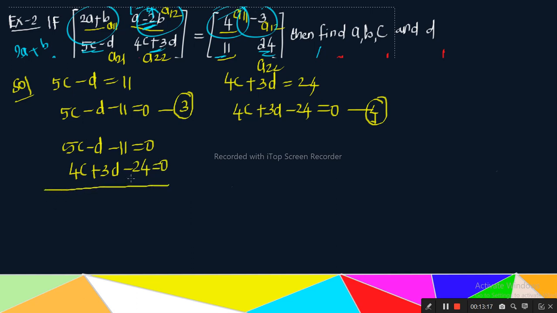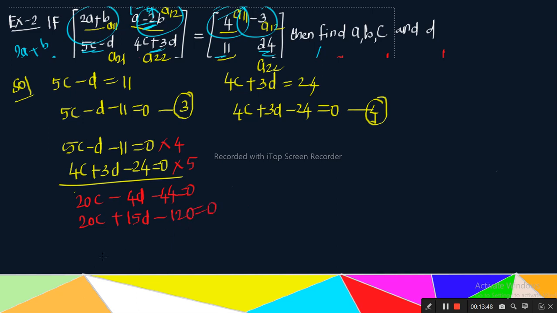Now I am multiplying 4 to this equation and 5 to this equation. 5 4s are 20c minus 4d minus 44 is equal to 0. If I multiply, it becomes 20c plus 5 3s are 15d minus 24 5s are 120, which is equal to 0.